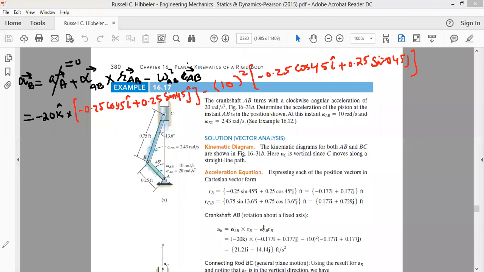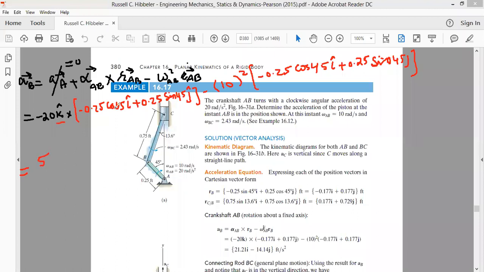So let's solve it. First we have minus 20, and the first component is the i component, so minus 20 into 0.25. Minus times minus will be plus, so it will be 20 into 0.25, which is equal to 5.